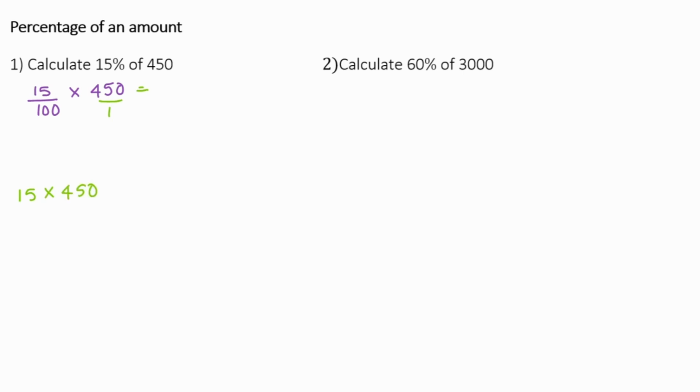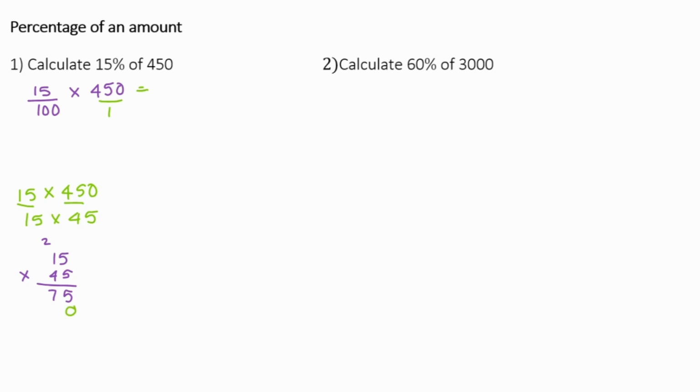So to do this easily, I can just first multiply my 15 by 45, and I'm going to put this into a column method. So 15 times 45. 5 times 5 is 25, carry my 2, 5 times 1 is 5, add 2 gives me 7.